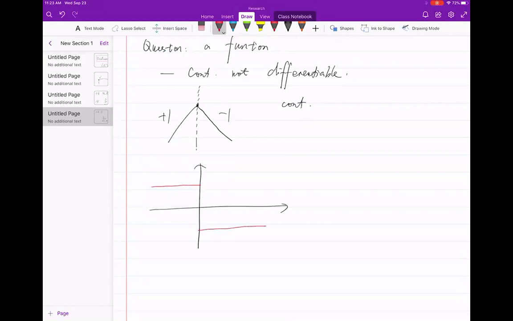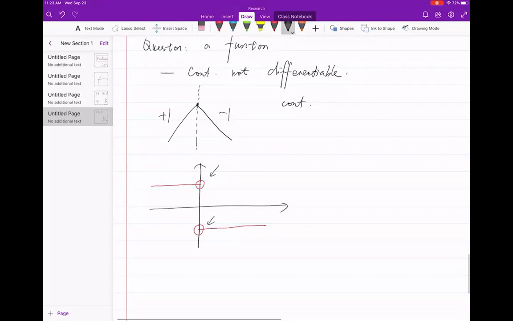But what's the derivative at 0? Let me put a circle here. Which one do you think I should put a dot on? At this point, is it increasing or decreasing? Can you see the left and the right don't agree with each other? And you should treat them equally without taking preference.